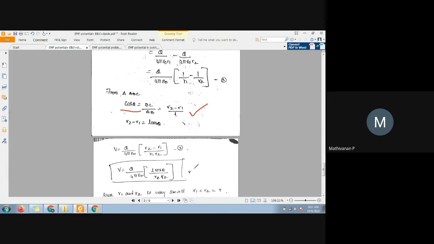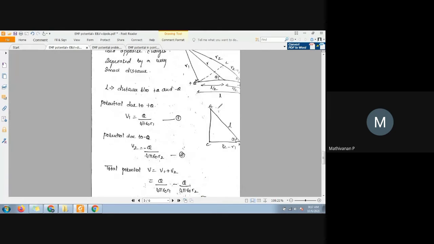Suppose this distance is considered to be very small. You know that the attraction and repulsion can be prevented up to a small distance only. Beyond that, the force will either attract or repel.